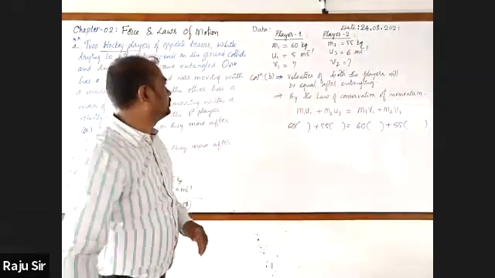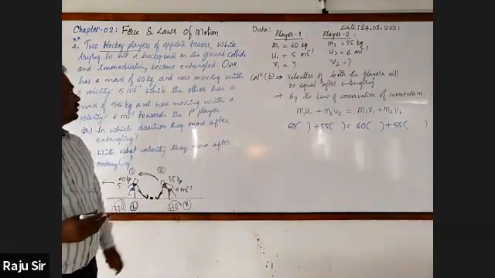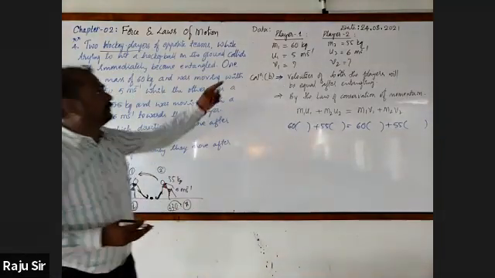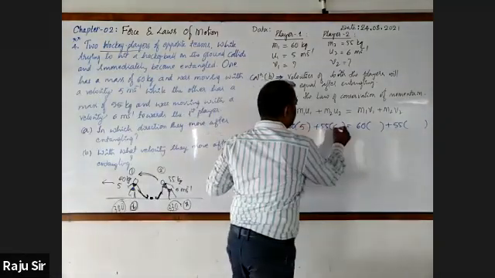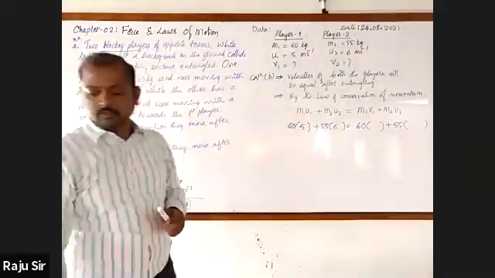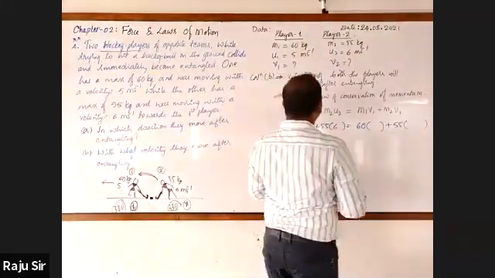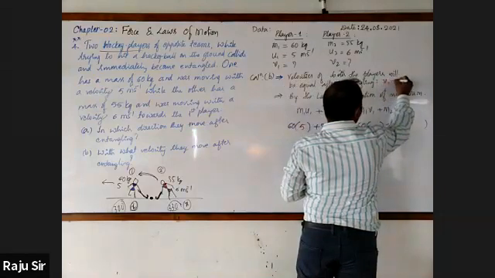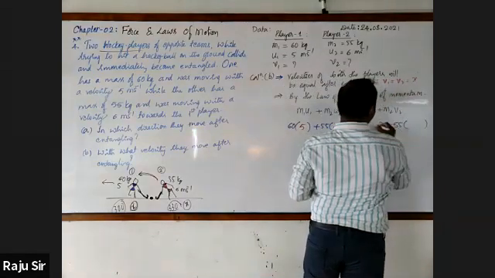Then U1, U2: 5 meter per second and 6 meter per second. V1, V2 unknown X. V1 equal to V2 equal X.